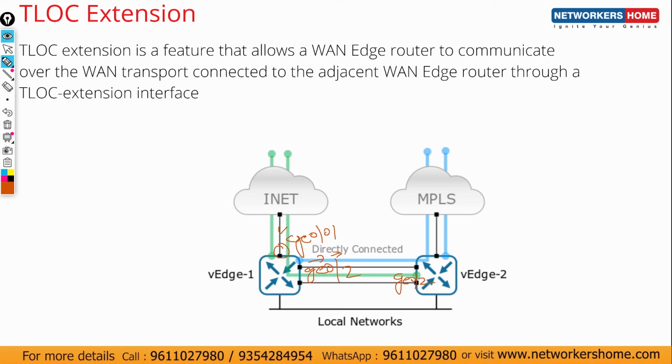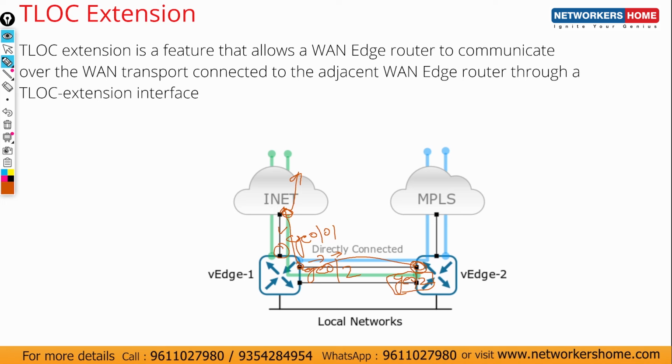Which means this interface will become a TLOC in itself, and it will pass through the VPN, this particular interface itself, but it will become a virtual extended network passing through this interface going to the internet. That means there are two TLOCs on the one physical interface here.